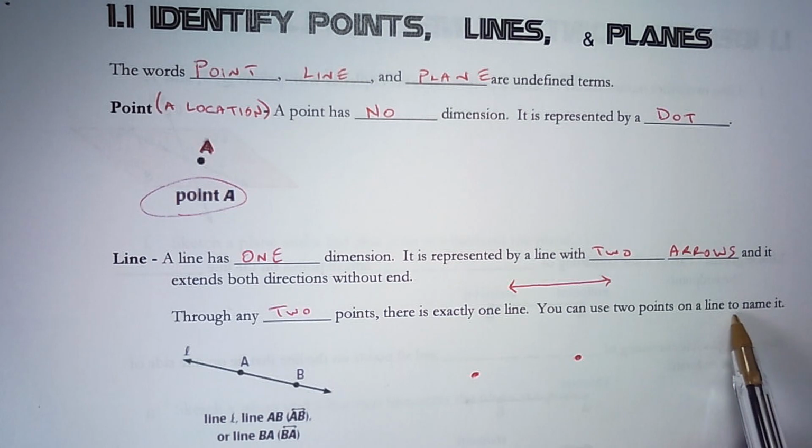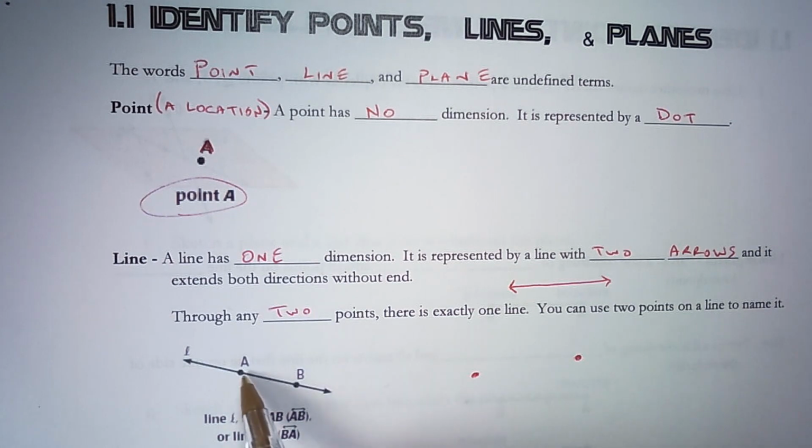You can use 2 points on a line to name that line. Okay, so I can call this line AB. So I could write it out as line AB. Okay, I could also use symbolic notation. AB with a line over the top, 2 arrows.